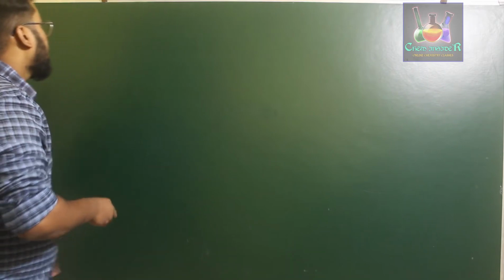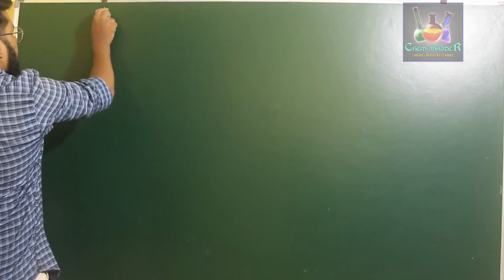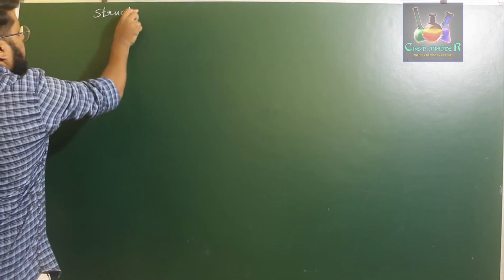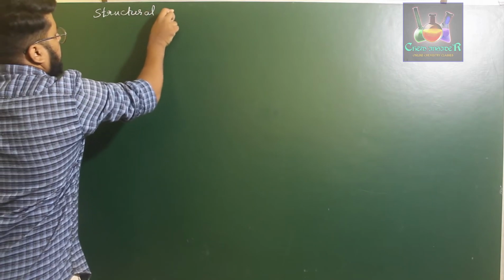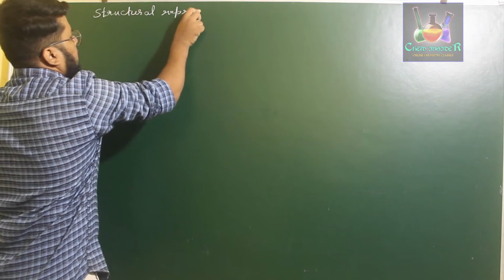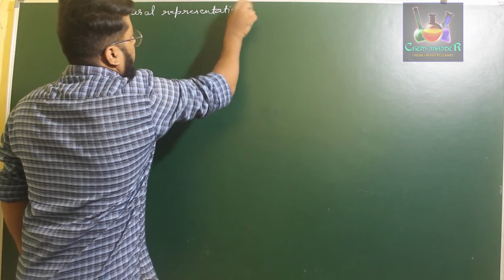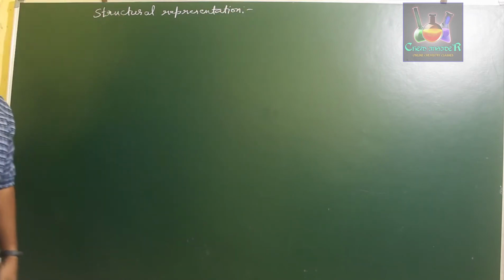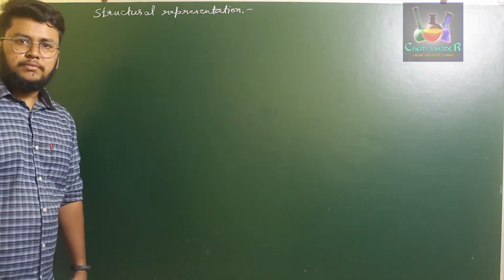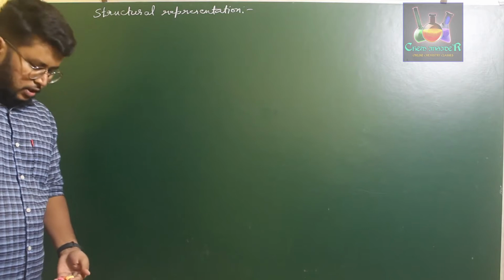So that is called the structural representation of organic compounds. So as I said, organic compounds can be represented in 2-dimension or in 3-dimension.